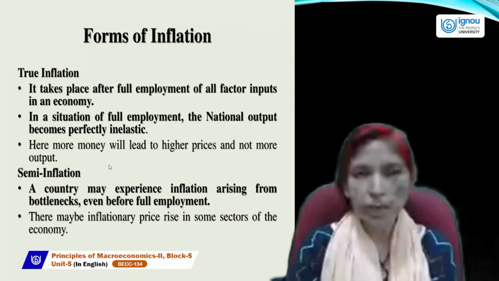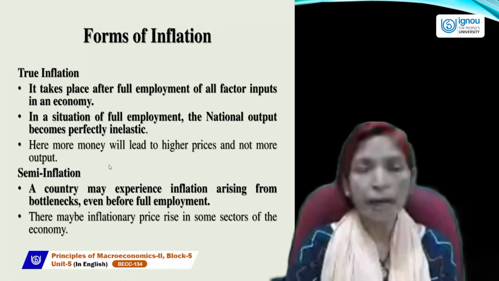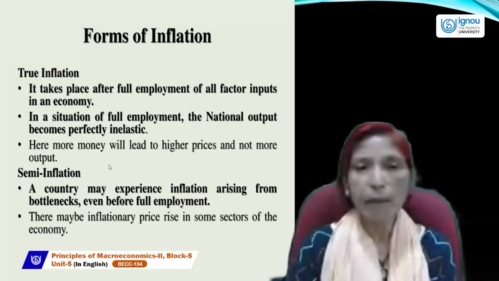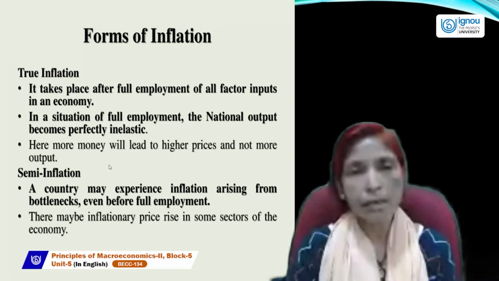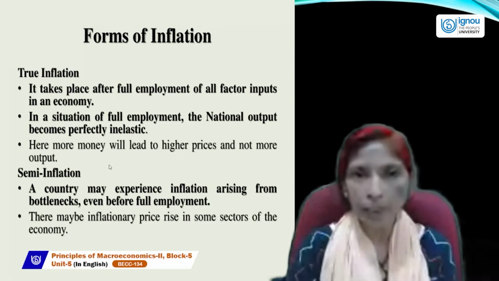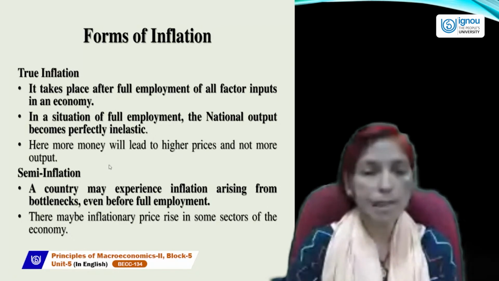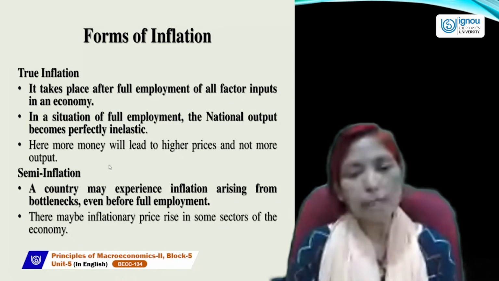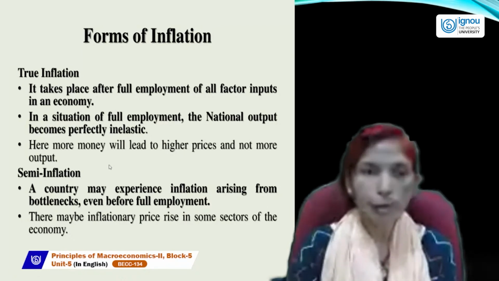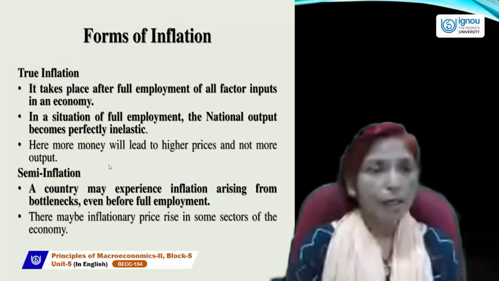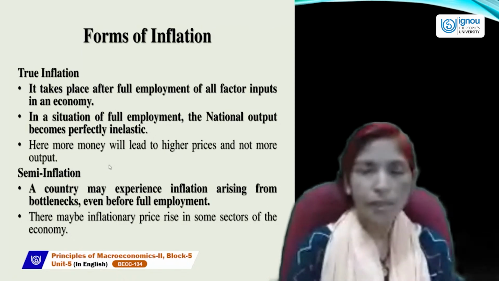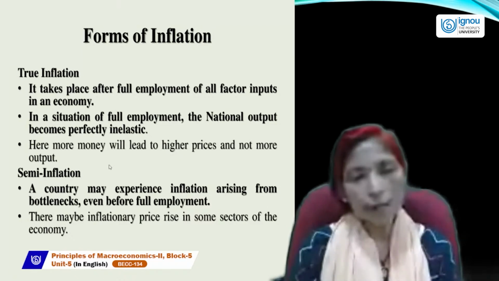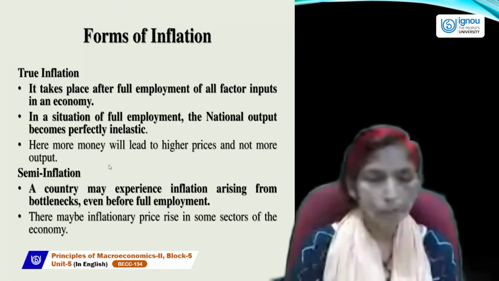We can't achieve it very easily, and at the level of full employment, 5% to 6% unemployment may exist, which is known as the natural rate of unemployment according to J.M. Keynes. So here more money will lead to higher prices and not more output. In other words, true inflation only exists after achieving the full employment level.